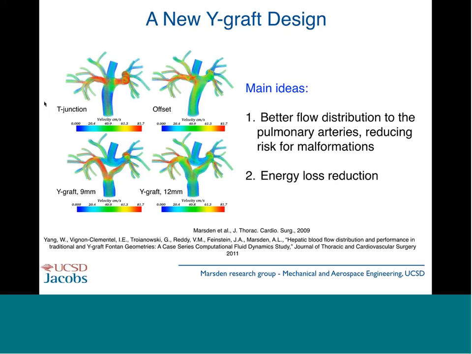What you have here is the traditional T-junction design, and this geometry that you're seeing here was actually reconstructed directly from the image data of a Fontan patient. So this is the surgery that this patient has. And then what we can do in simulation is actually do a virtual surgery where we test out different design alternatives. And so what I'm showing here is an offset design.